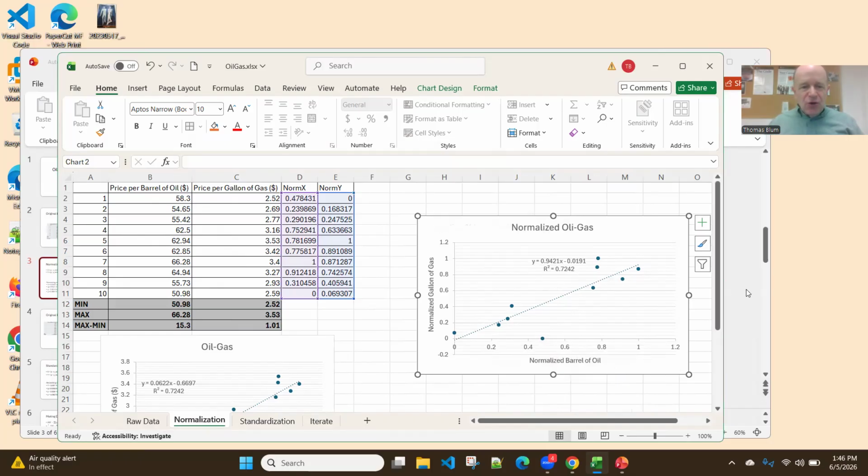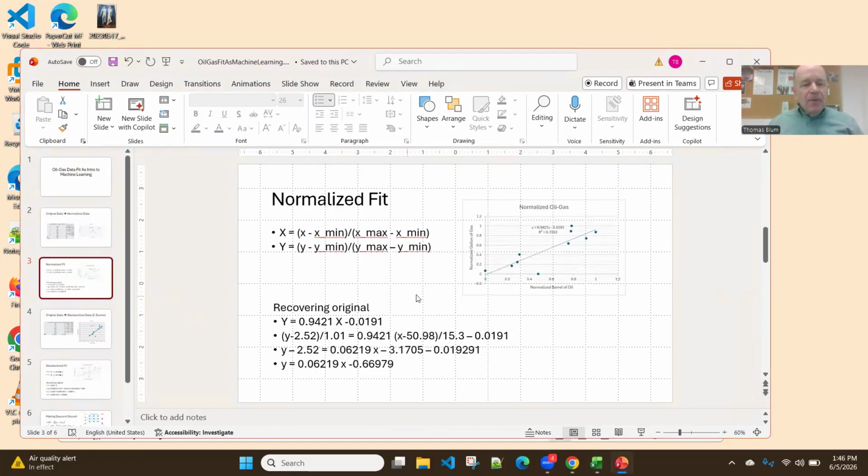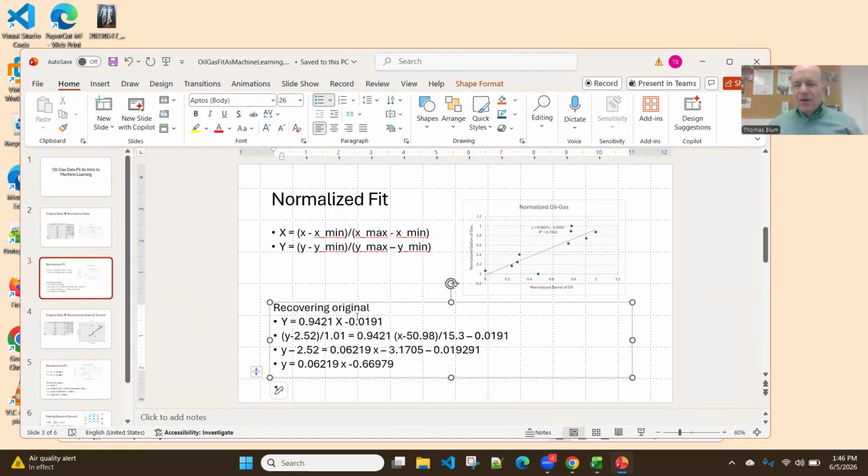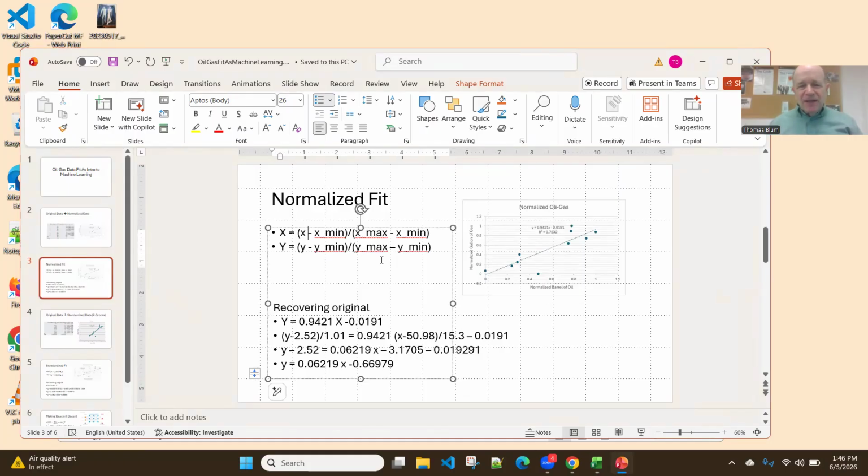All right. I'm just showing here that I can recover my original model, the model that the original data gave me, by taking this normalized result and sticking back in these definitions of normalized X and normalized Y to get back to the original X and the original Y, and we recover the original formula.